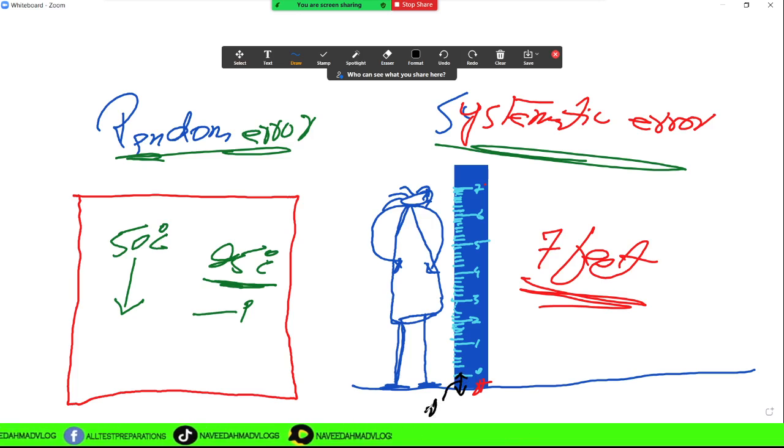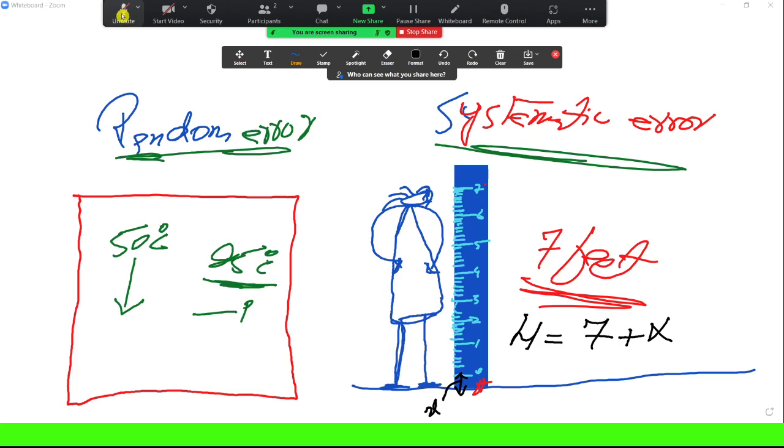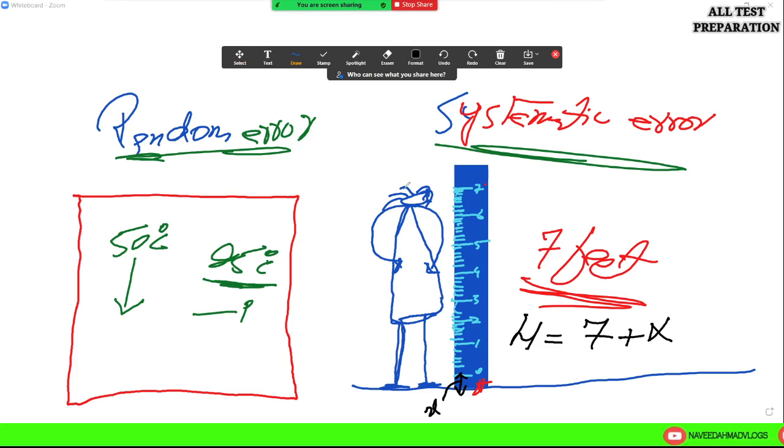So, can I write it like this? The height of this girl will be equal to 7 plus x.